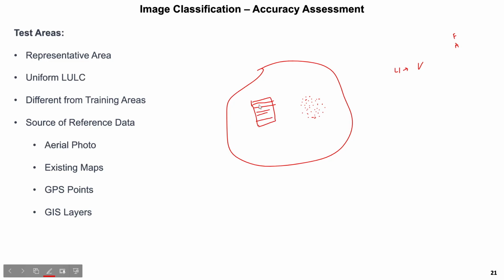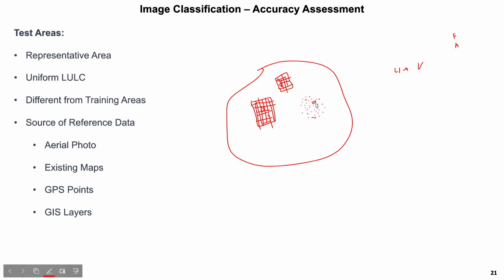land use land cover. So let's say this is a very dense agriculture area, and you have a lot of green cover in it. You can choose your training point from here. And similarly, if you identify some other agriculture field like this, you can choose your testing point from that place. But mostly you should avoid such sparse vegetation areas, because it will get classified as both soil or barren land and agriculture or vegetation.